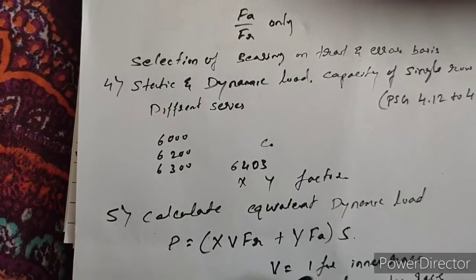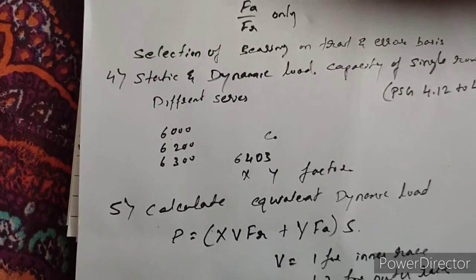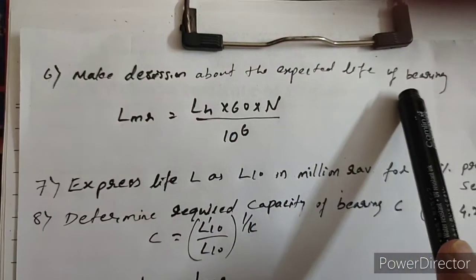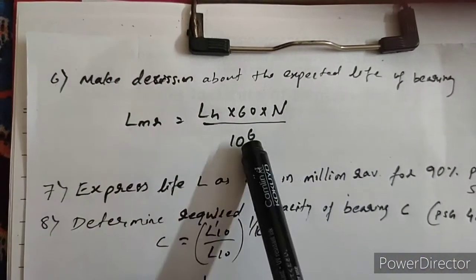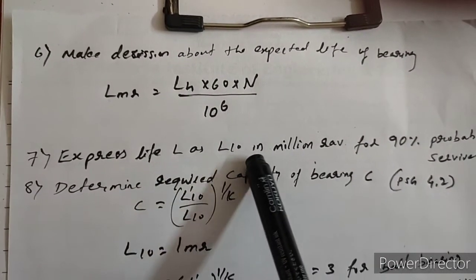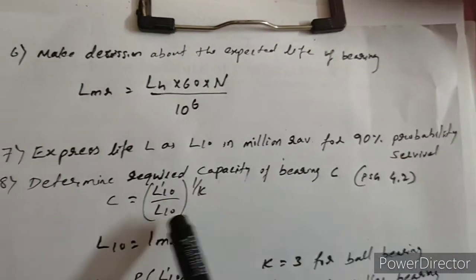Then we calculate the equivalent load using the equation. Then we make the decision for life of bearing in million revolutions. Then we represent this as 90% probability of survival.